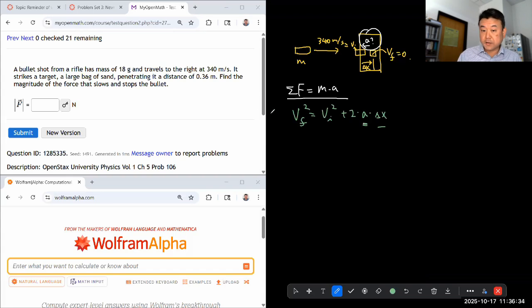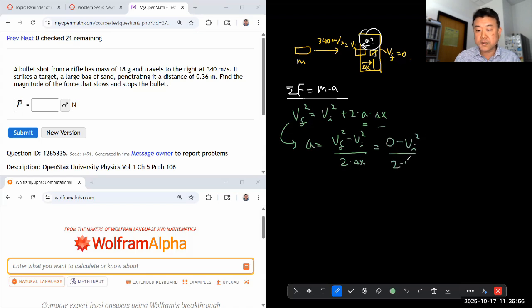Let me solve that for acceleration. So my acceleration is, doing that in my head, done it many times, final velocity squared minus initial velocity squared divided by 2 times delta x. Here the final velocity was 0, so it's really 0 minus initial velocity squared divided by 2 times delta x.